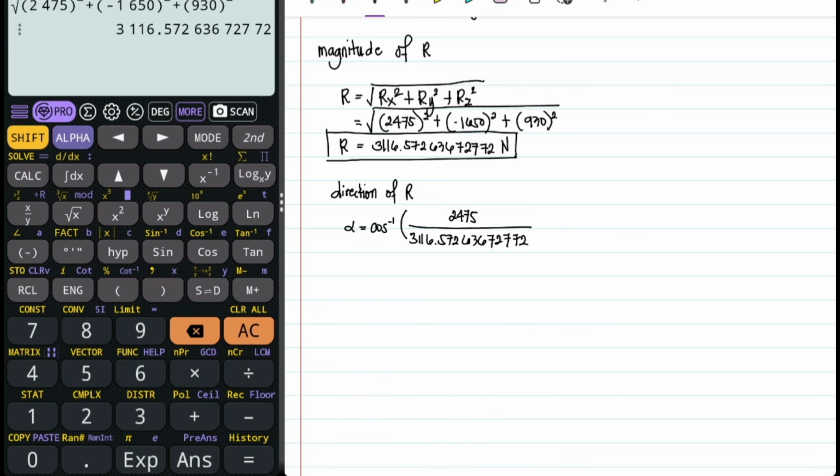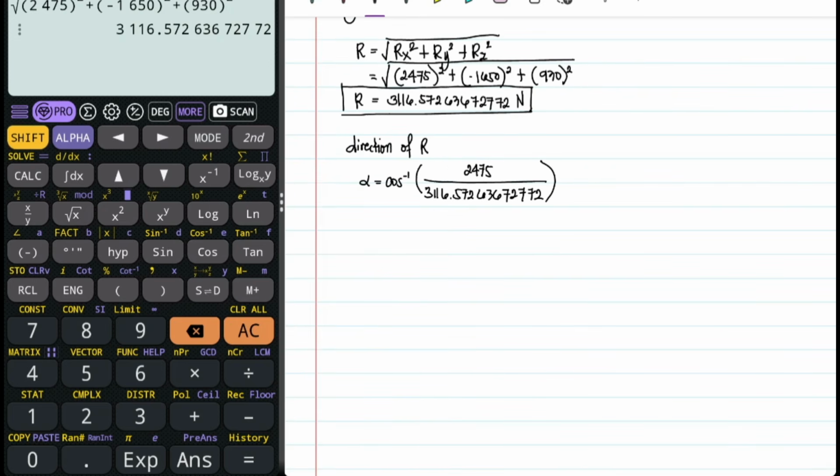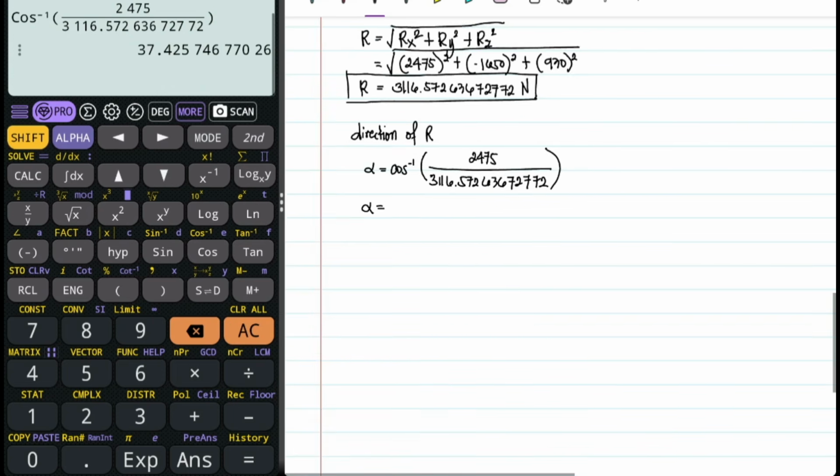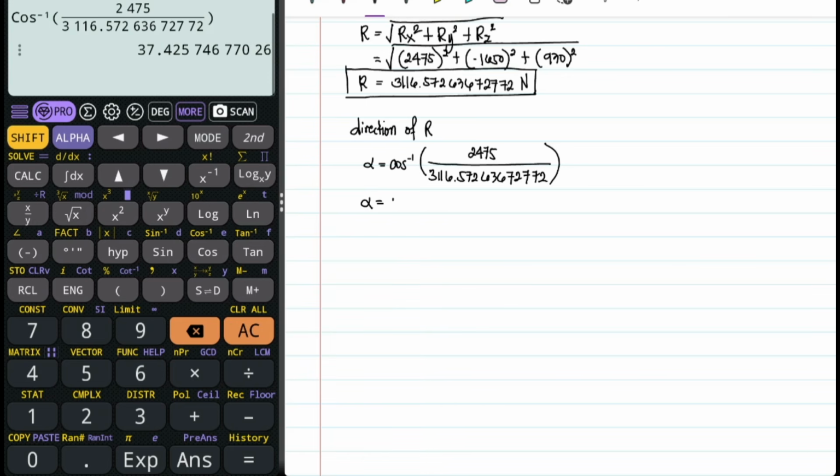Before that you have to input that in our calculator. So that's shift cosine 2475 divided by 3116.57263672772 gives us 37.42574677026 degrees. And don't forget to box your final answers.